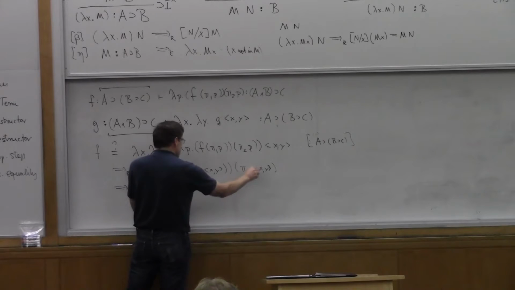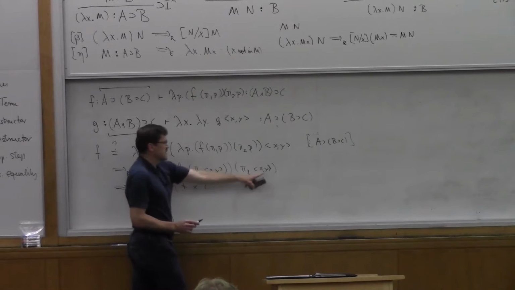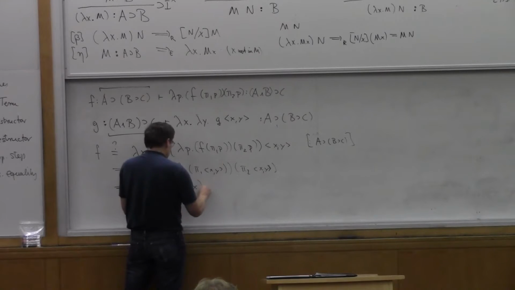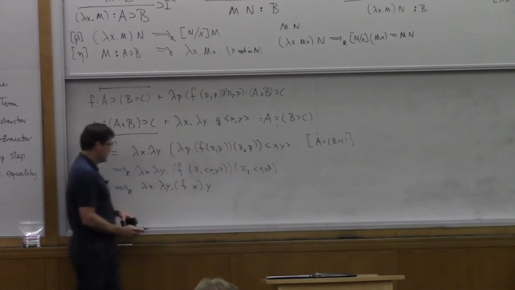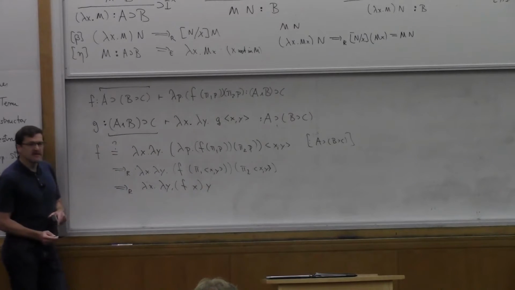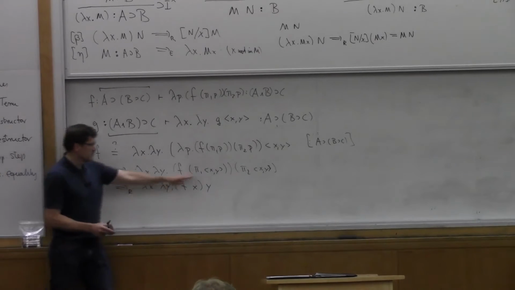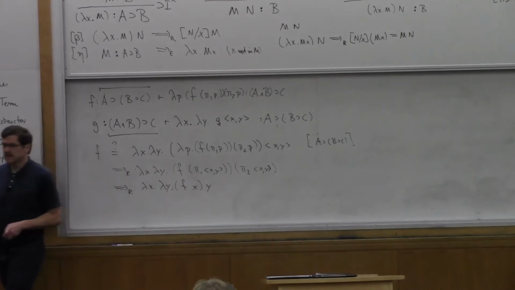And then here the second projection, let me do it in one step. What is the second projection of the pair x, y? Y. So f of x applied to y. Can I do anything here? I can't reduce anymore. There's no redex. It's not a function applied to an argument or a projection, but I can do something else.